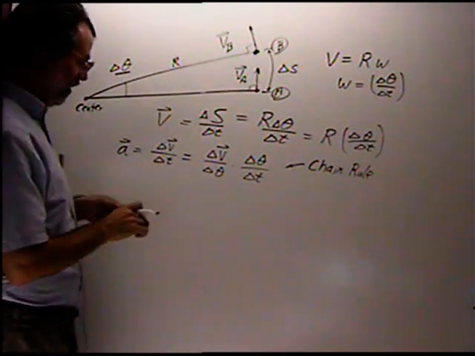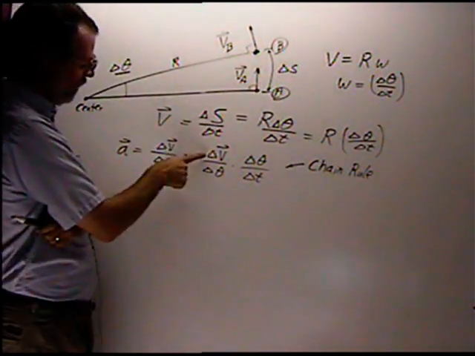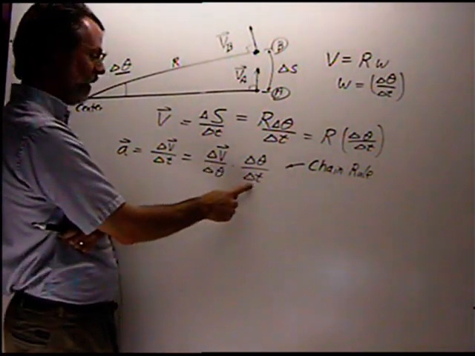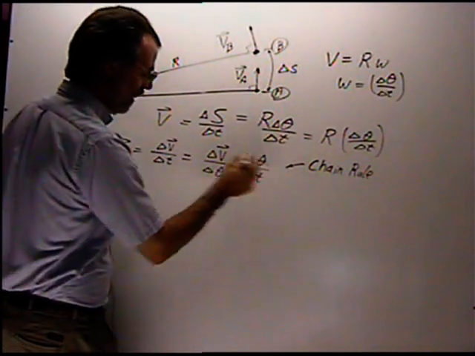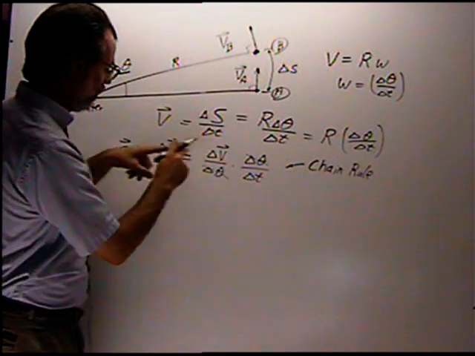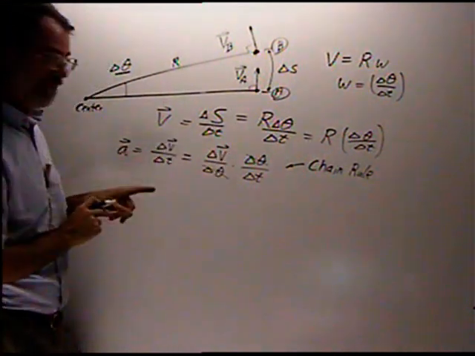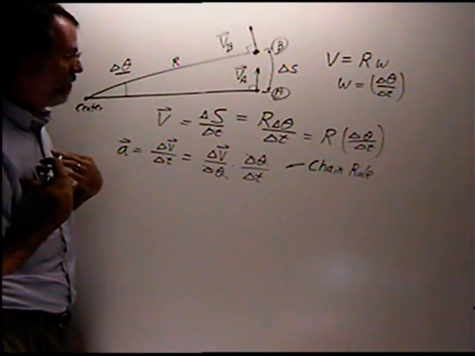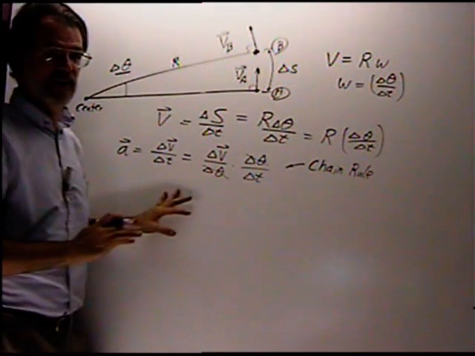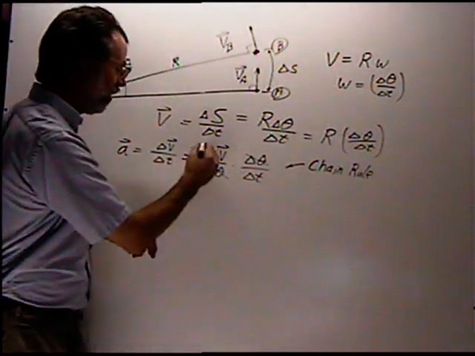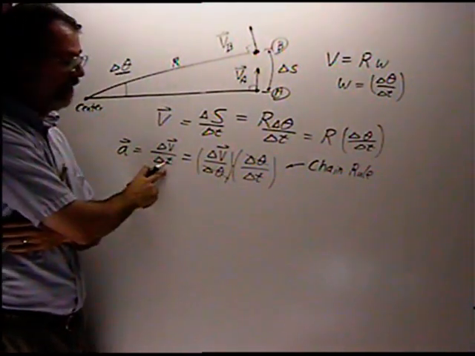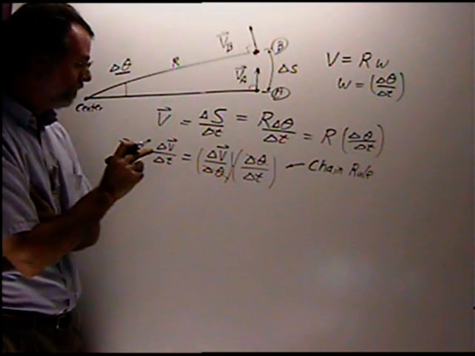Notice that if I say delta v divided by delta theta, but I multiply by delta theta and divide by delta t, the delta thetas cancel out, as they have to, and just give us delta v over delta t. All I'm doing is introducing a variable, dividing by that variable, and then multiplying by that variable, but the overall equation hasn't been changed. This is the idea behind the chain rule.